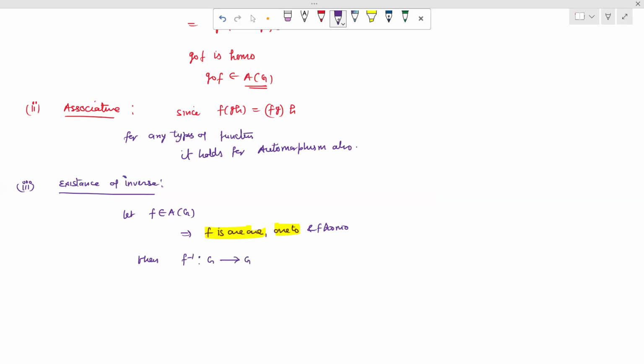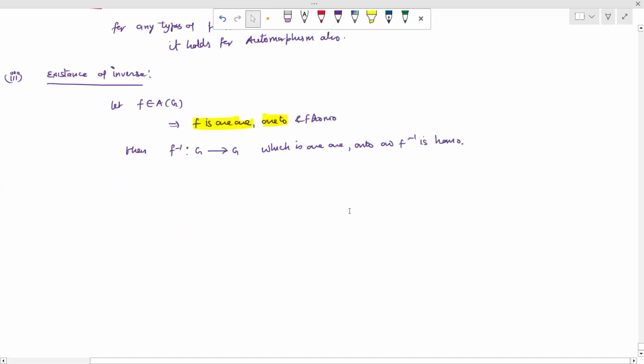So f inverse from G to G is 1-1 and onto, and we need to prove that f inverse is a homomorphism or not. Basically it's also 1-1 and onto, but we now shall prove that f inverse is a homomorphism.